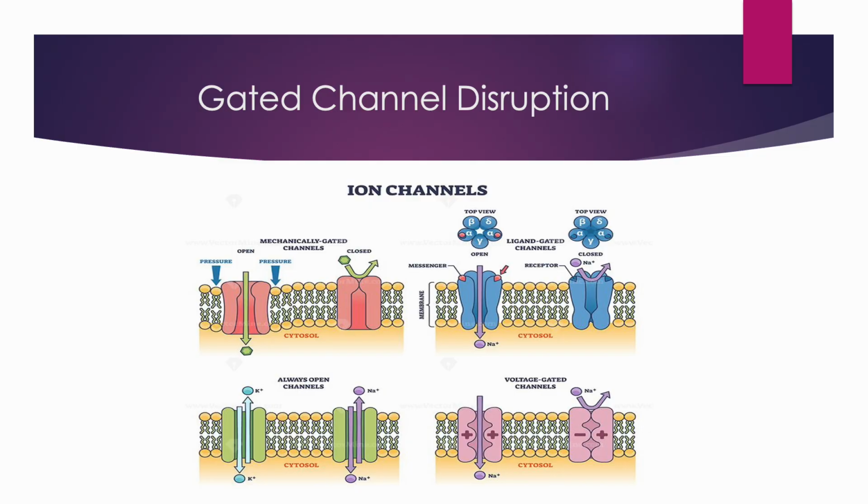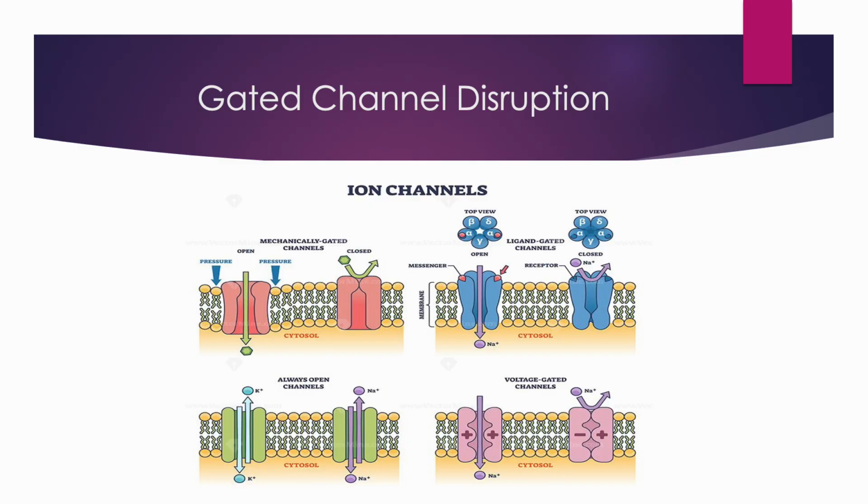All of this depends on gated channels working properly. The communication of our neurons, whether they get to graded potentials and then action potentials, all depends on if these gates are working properly. Any malfunction can truly affect neuron signaling.